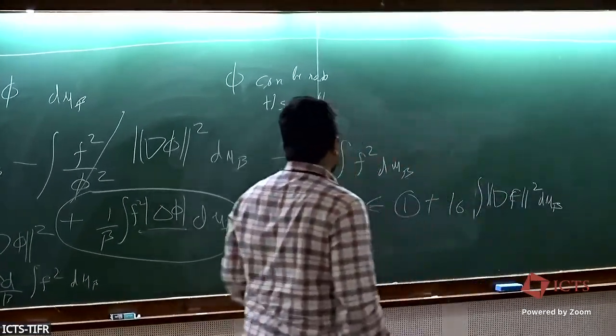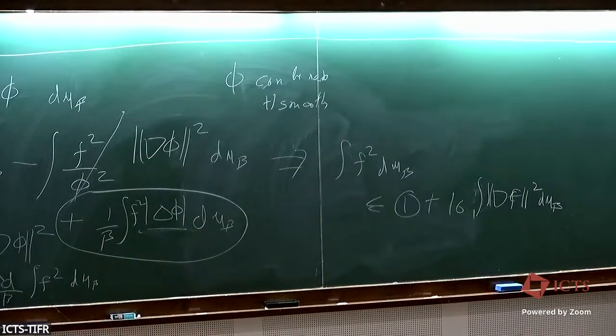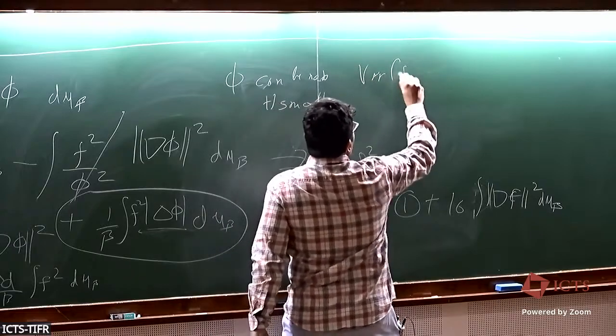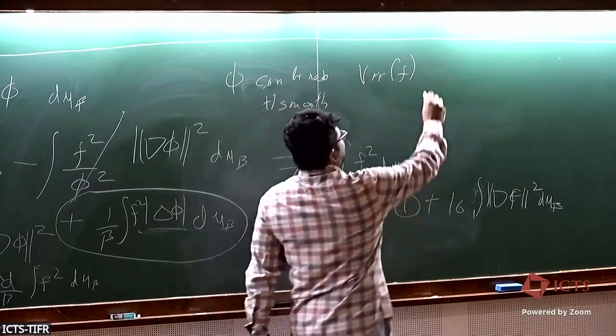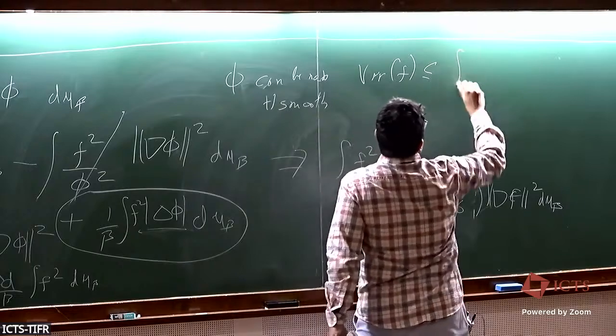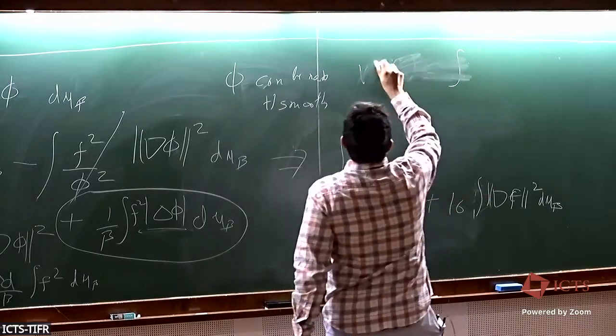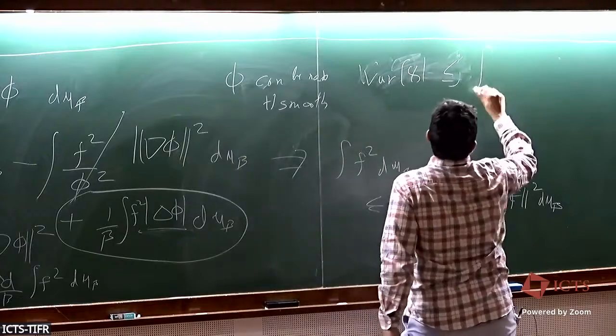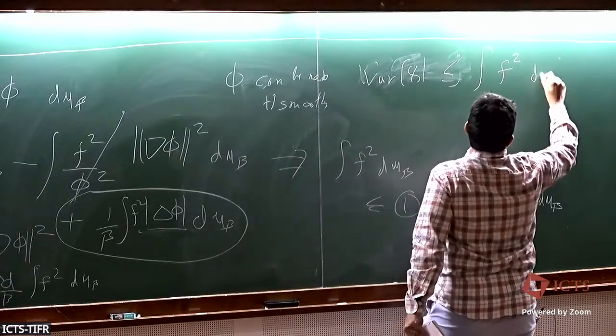Okay, and again, notice what 1 is. 1 is already kind of what we wanted. It has the gradient of psi, which is our test function. Now, the final thing to notice is that the variance of psi is always upper bounded by the integral of f squared d mu beta.